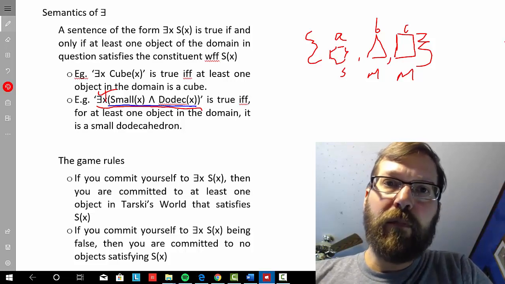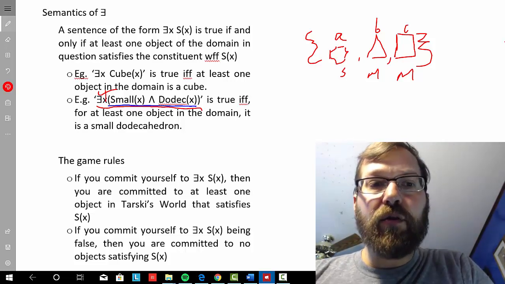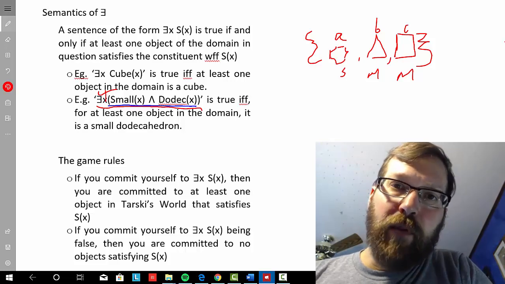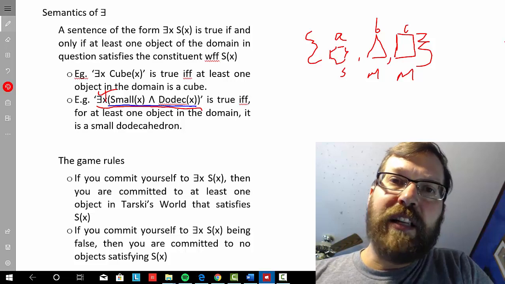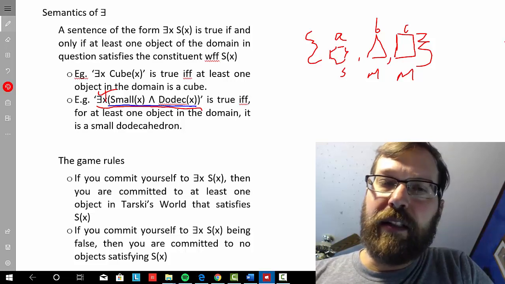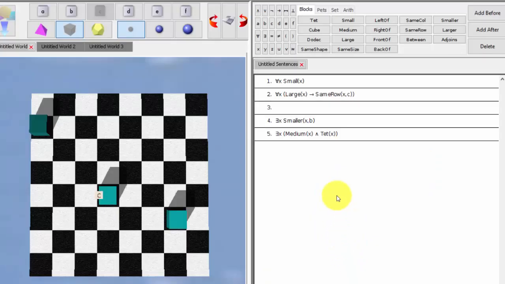All right, so now that we've talked about the semantics of the universal quantifier and the existential quantifier, let's play around with it in Tarski's world, playing the Hintikka game, and see how the Hintikka game works with the quantified sentences in Tarski's world. We've got four sentences here, and a few worlds as well.